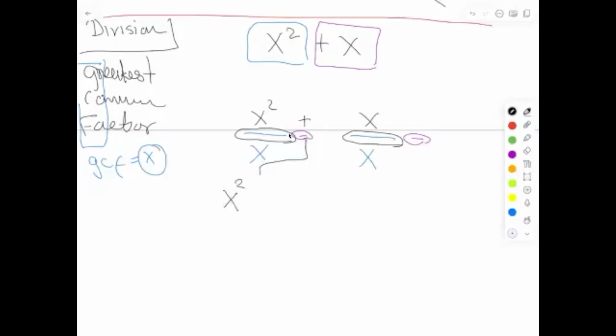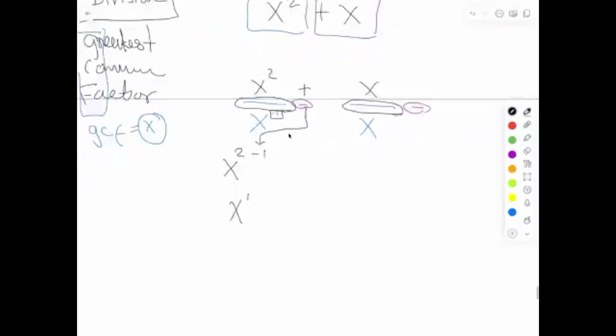This negative comes down here. Minus. Right? That's a minus, correct? And there's a 1 here, right? So what is 2 minus 1? 1. That's right. There's going to be 1. Cancel the x. And then there's an addition sign here that comes down. All right, so that's an addition sign.